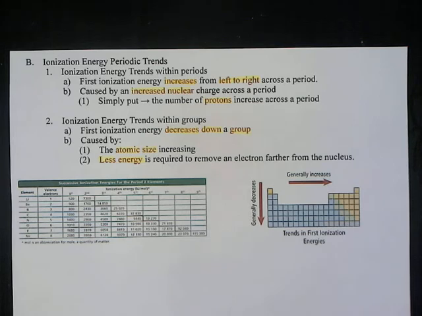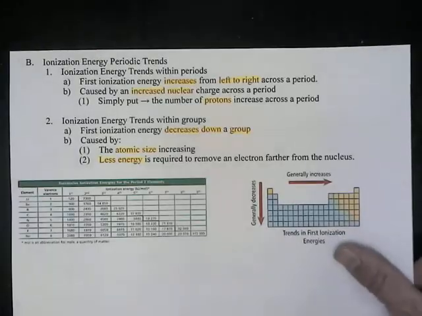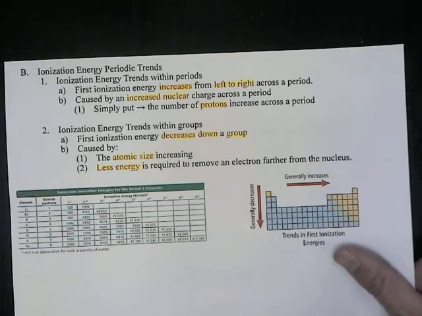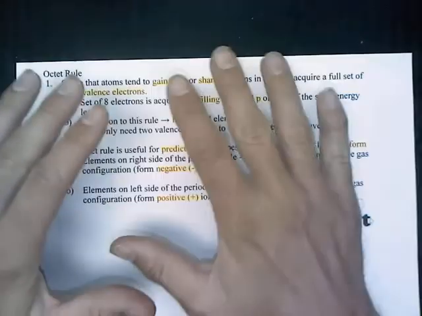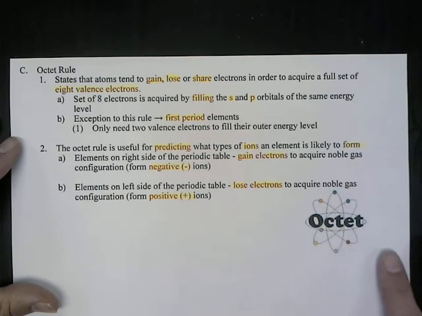Okay? Now, in addition to this, we need to talk about why some elements have a low ionization energy and why some elements have a high ionization energy. This is really the start of our next chapter, but we introduce it here, and that is the Octet Rule.